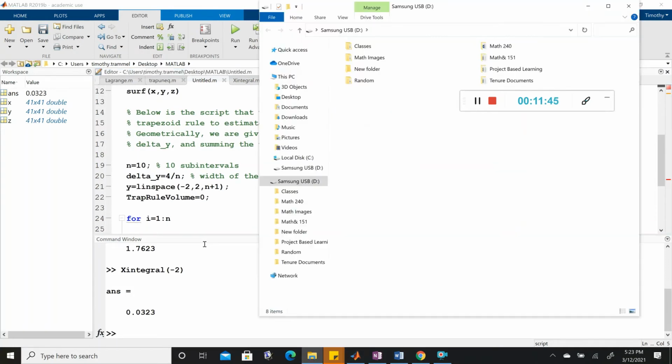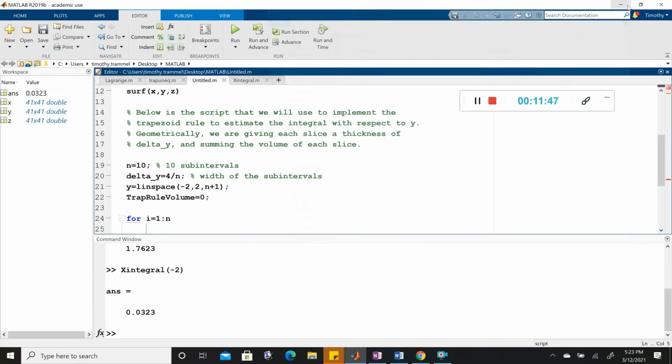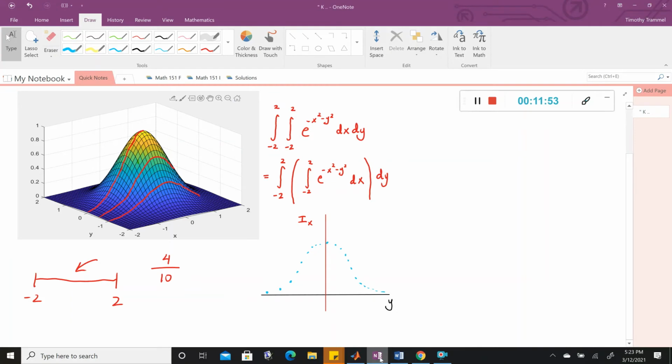And I want to remind you all where we're headed. If I were to select this, remember, we are going to evaluate this. This is that int with respect to x.